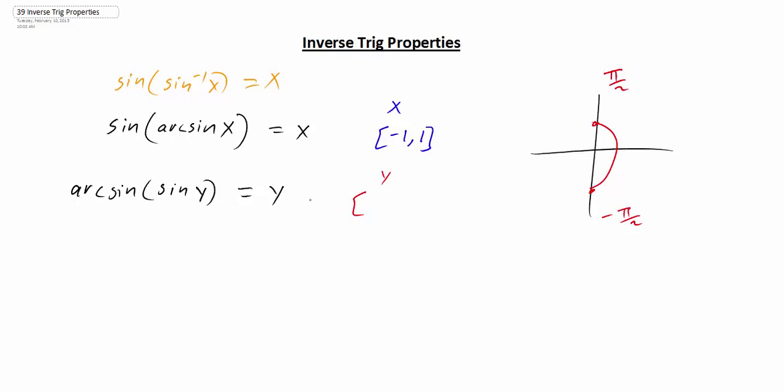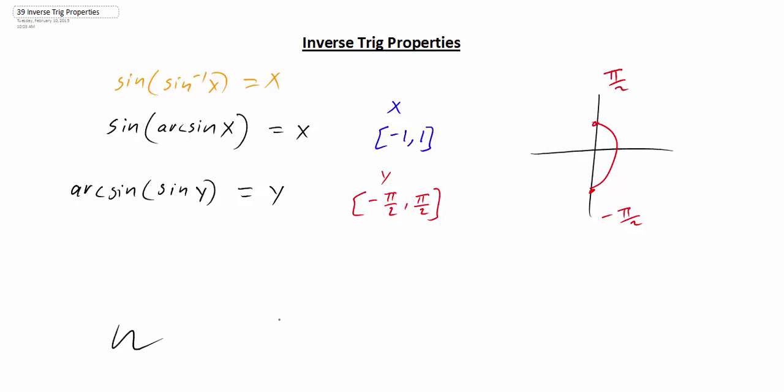So that means this y value has to go from -pi/2 to +pi/2. So as long as we're within this domain and range, then arc sine of sine is simply equal to y. The sine of arc sine of x is simply equal to x.